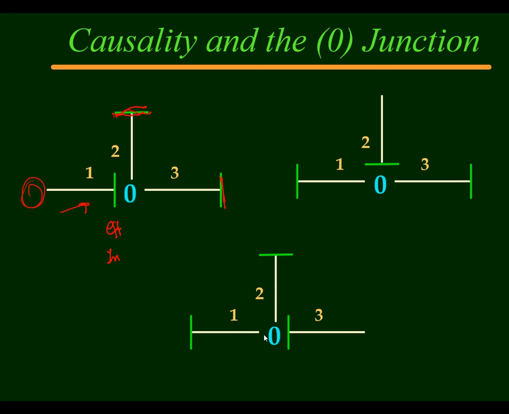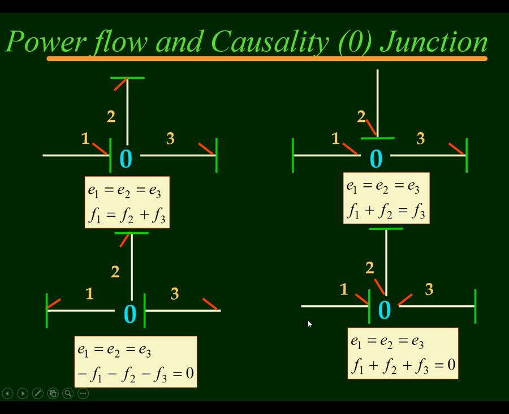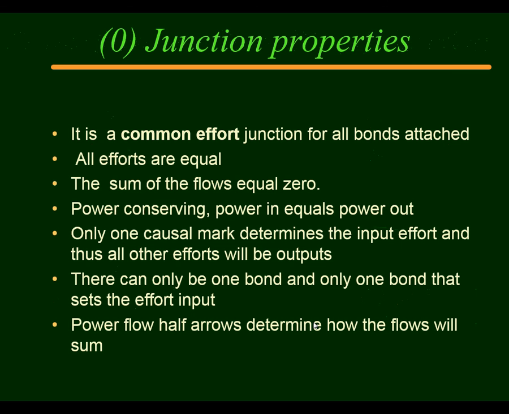So there's always the interaction between effort and flow in every system, in any domain. And I have put both of those, the causal marks plus the half arrows, in this picture. The common effort junction, all bonds attached, all efforts are the same. The sum of the flows equals 0.